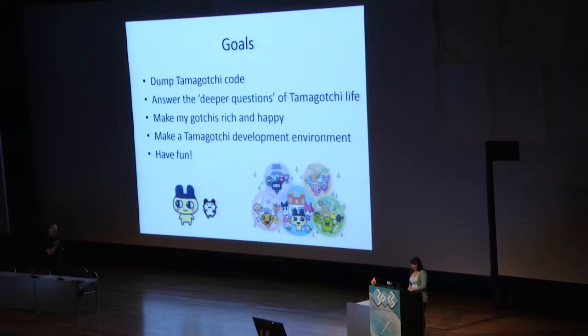Also, I wanted to make my Tamagotchis rich and happy. I wanted to cheat at Tamagotchi and have the richest and the happiest Tamagotchis alive. Also, I wanted to make a Tamagotchi development environment, because it's one thing.